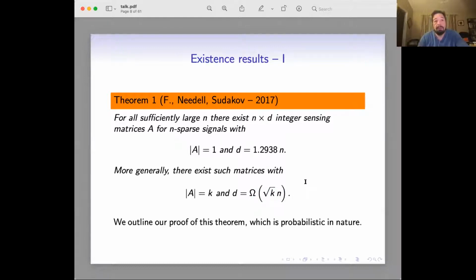Okay, so let me just quickly outline the proof of this theorem. It's probabilistic in nature. In particular, I have to say that an explicit construction of such matrices does not follow from our proof. Okay, but here's the argument.